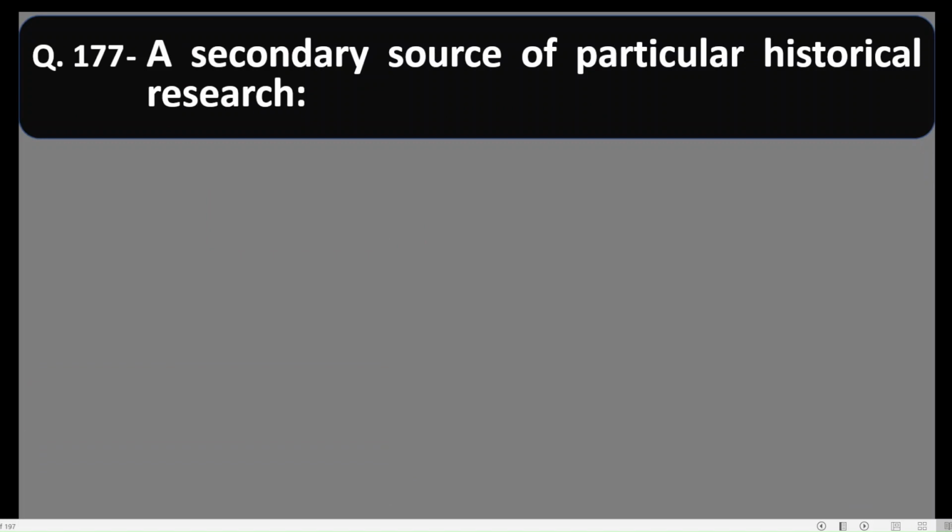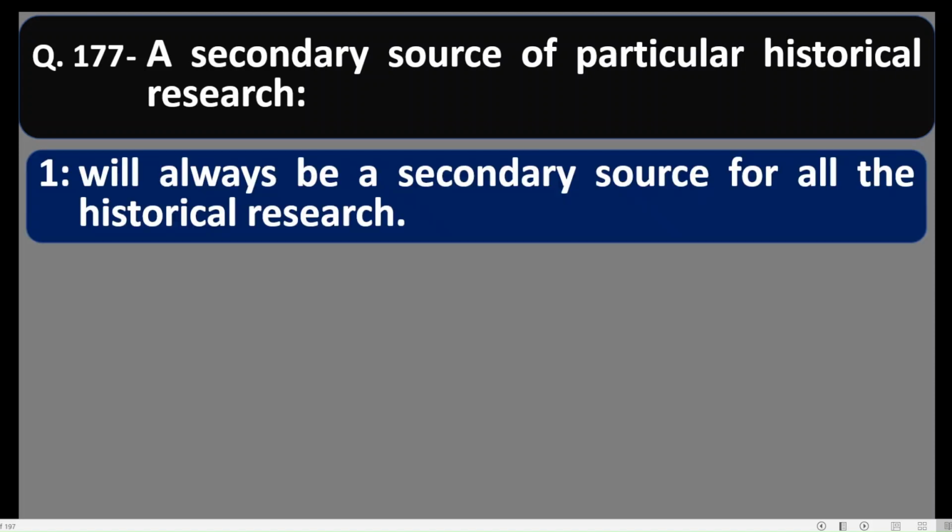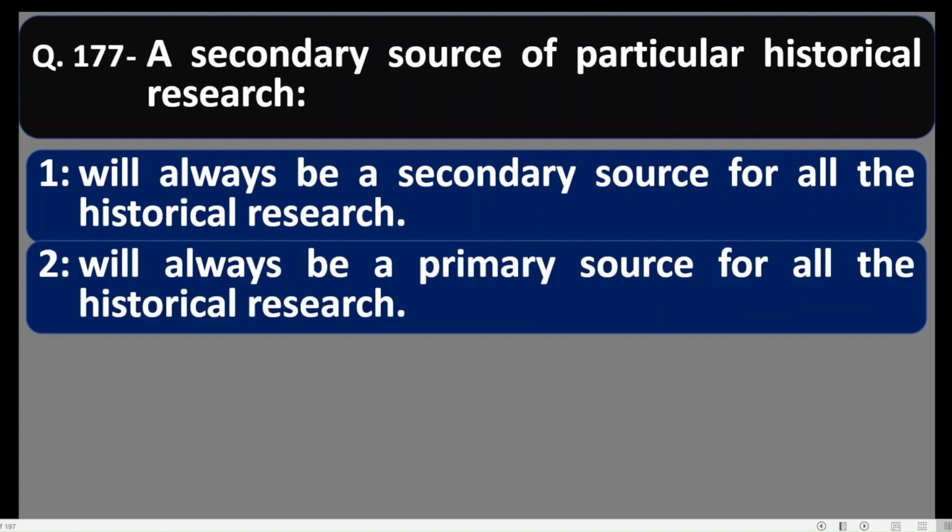Question number 177. A secondary source of particular historical research. Secondary source. Number 1, will always be secondary source for all the historical research. It is false. Will always be primary source for all the historical research. It is also false.